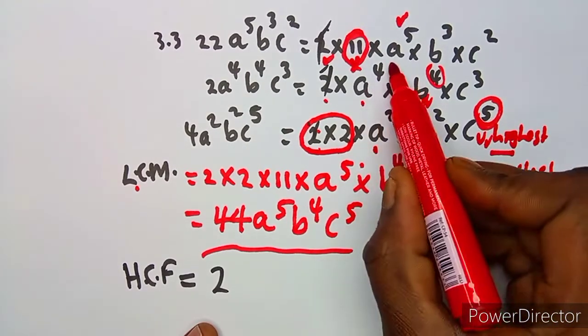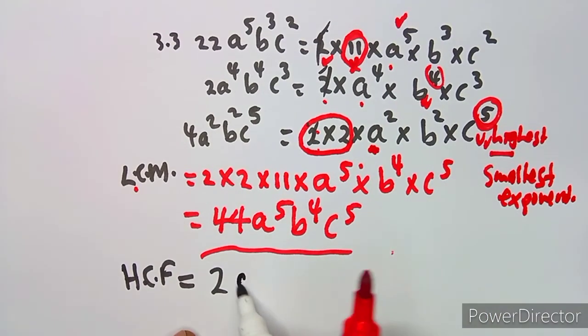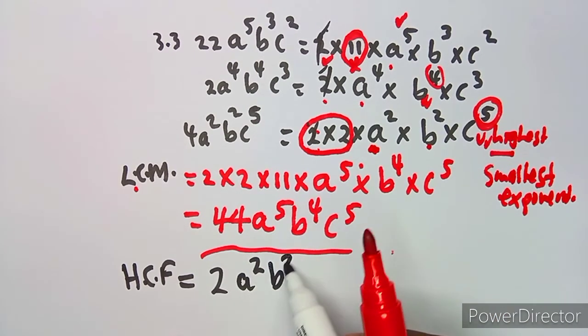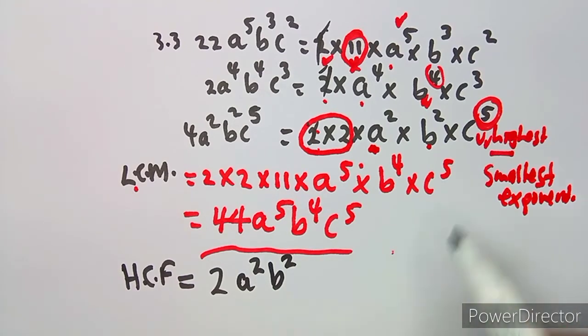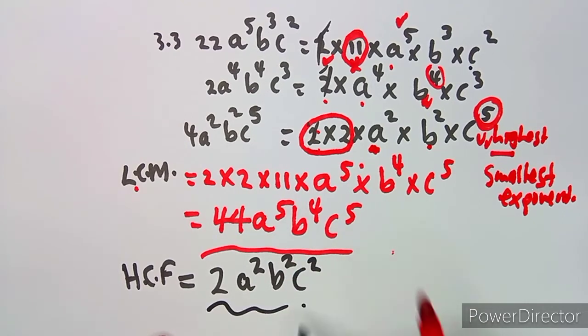A is common, so you take a to the exponent of 2. For b, the smallest exponent is b to the exponent of 2. For c, the smallest exponent is c to the exponent of 2. This is the highest common factor, and it uses the smallest exponents.